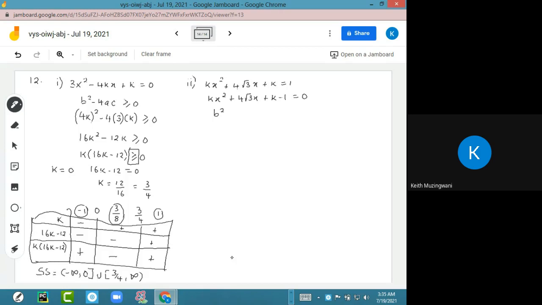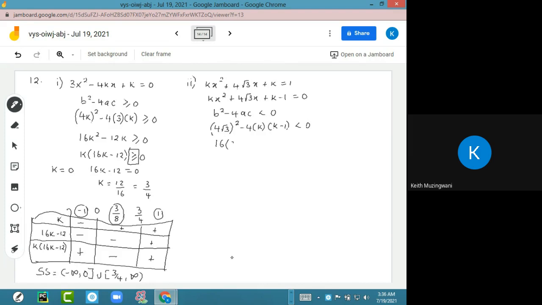And say b squared minus 4ac should be less than 0. B squared, that is 4 root 3 squared, minus 4. A is k, c is k minus 1. This must be less than 0. So 4 squared, that's 16.